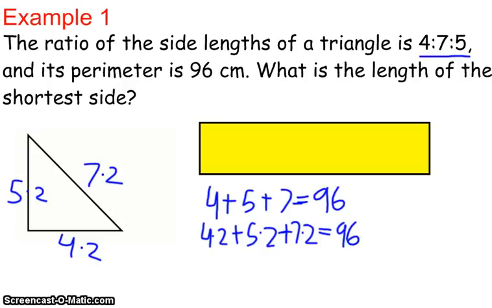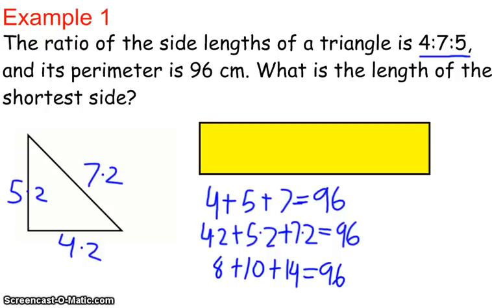But as we do this, 4 times 2 is 8, 5 times 2 is 10, and when we add to this, 7 times 2, it's 14. We add this up, and we end up with 32. That does not equal 96.